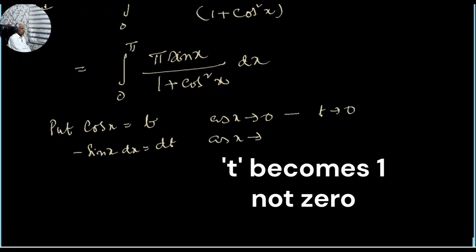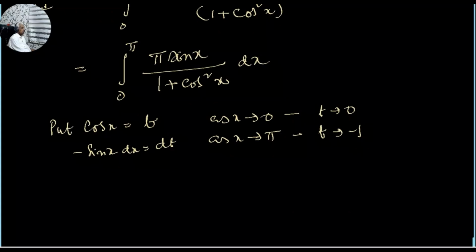As x tends to the upper limit pi, t tends to minus 1. So 1 to minus 1. As x tends to 0, t tends to 1. As x tends to pi, t tends to minus 1.